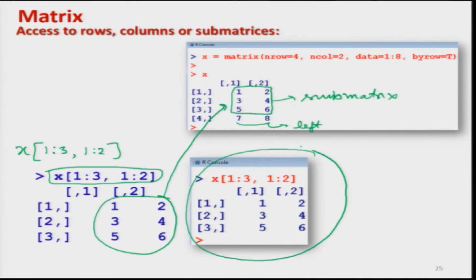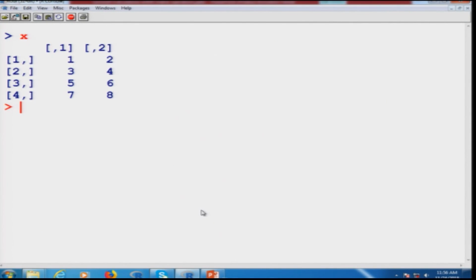So, I will try to show you these things on the R console here. I will take x, this is the same matrix that we had considered earlier. Now, suppose I want to recall the second row. You can see here I am simply not typing anything after the comma, and I will get here the second row 3 and 4.